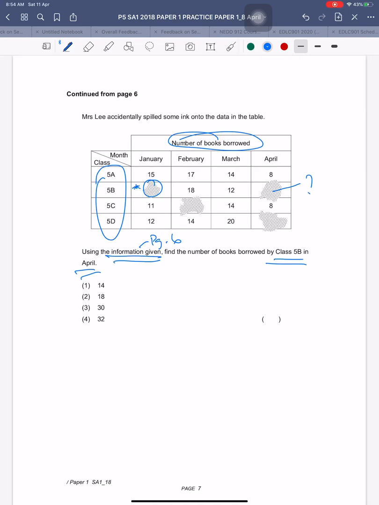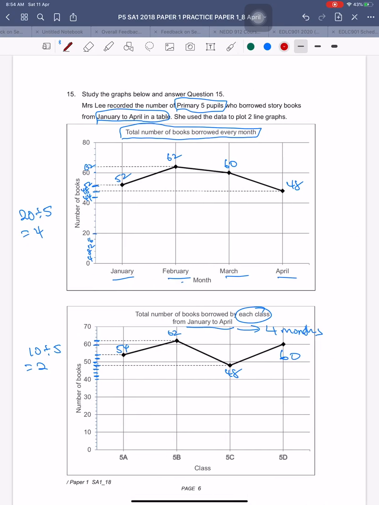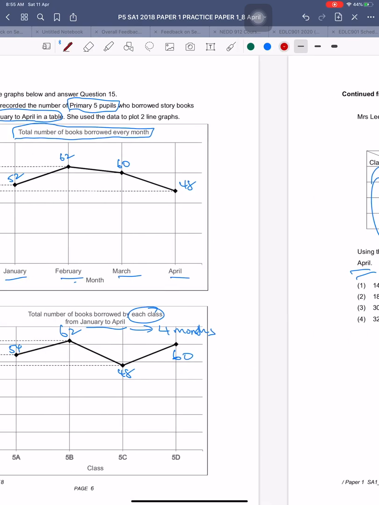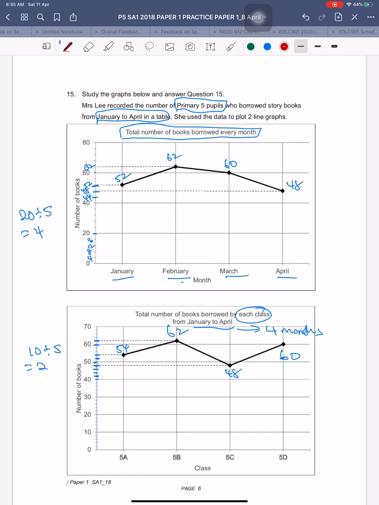Let me just draw out this part here for you to see. So if you look at the graph for 5B, you need to know that for January the total books is 62. Sorry, it's 52.